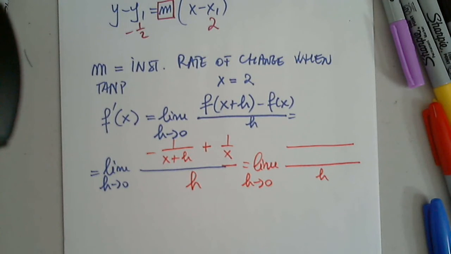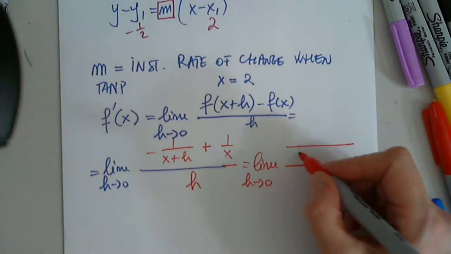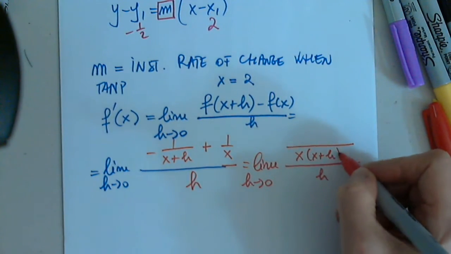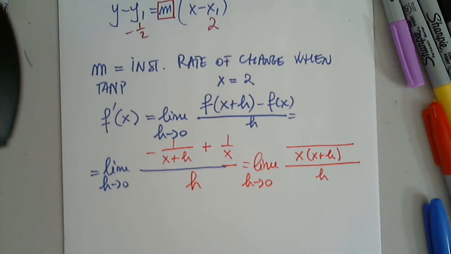Can anyone explain what is the least common denominator? It's going to be x times x plus h. They have nothing in common. Thank you very much. Who was that? Michelle. Thank you.